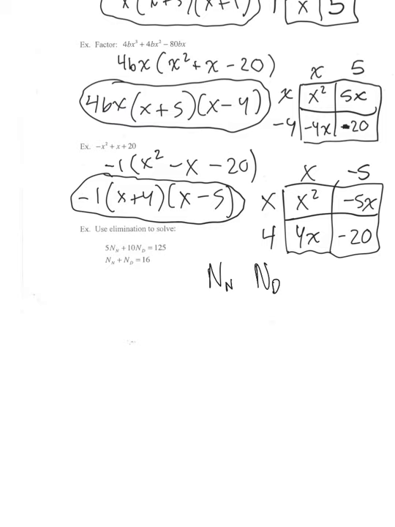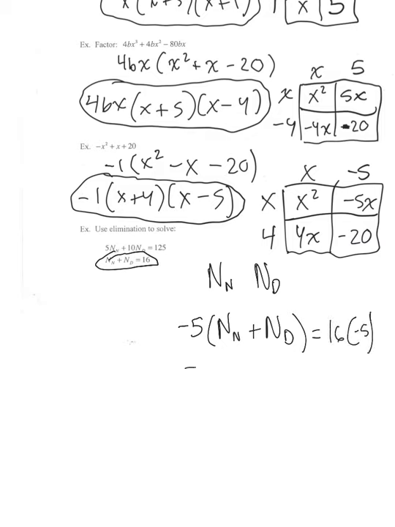So right now, on top, we have a coefficient of 5, which means we need to have a coefficient of negative 5 on this bottom equation here, so that when we go to add them, we'll eliminate the n sub n's. So what I'm going to do is just multiply each side by negative 5 of that second equation in the system. If I do it to one side, I've got to do it to the other, right?